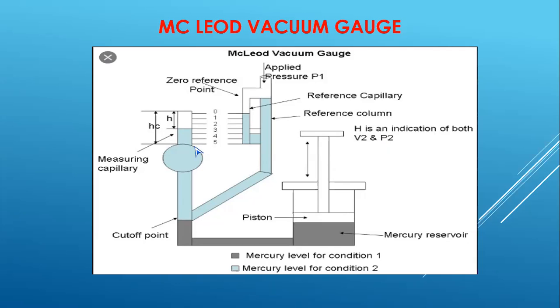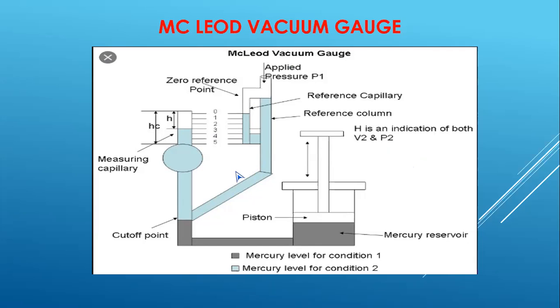The principle of operation, once again: here you have a tube, connect this tube to the negative pressure. Before applying negative pressure, see that the mercury level reads 0. By moving the plunger up and down, bring the mercury level to read 0. Then allow the negative pressure to pass through this tube and see the reading. That may be 1, 2, 3 negative pressure, in kg per millimeter square or kg per centimeter square.